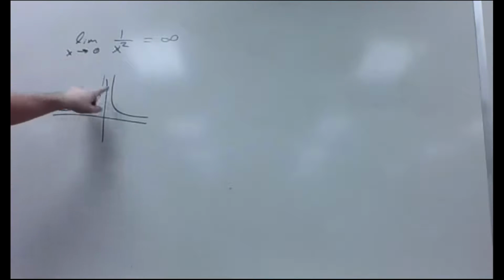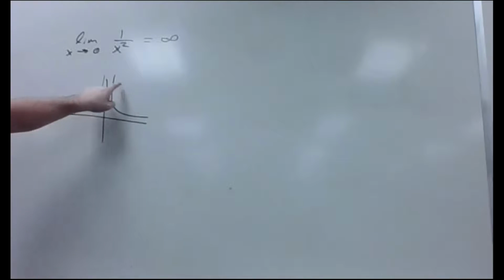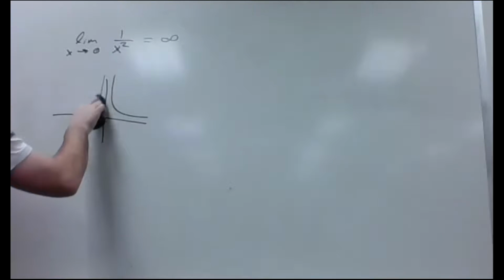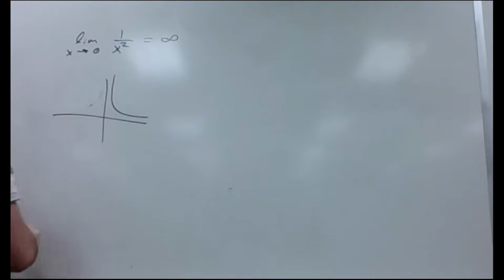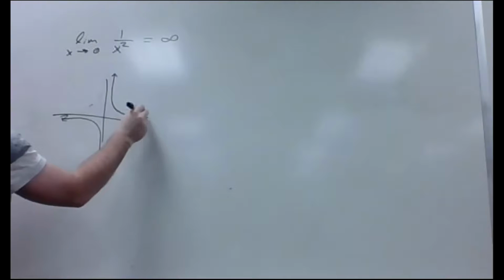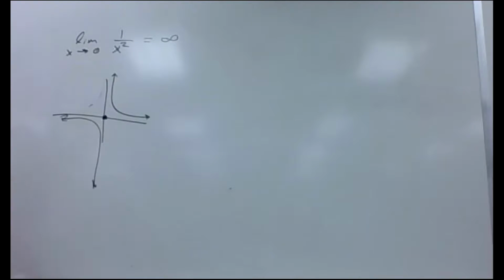But on this problem, it doesn't matter a whole lot, but sometimes our problems will have different sides. So if a graph looked like that, and we're taking the limit at 0, if we're coming from the left side, it's going to be negative infinity.